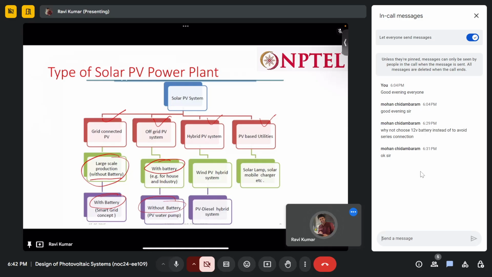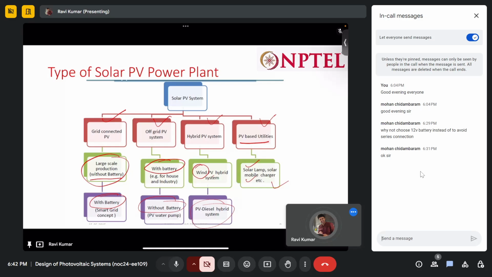Hybrid means we are having another power source as well, like wind or PV, diesel engine or other components. PV based utility means for a particular application like solar lamp, solar mobile charger, or solar water pump.